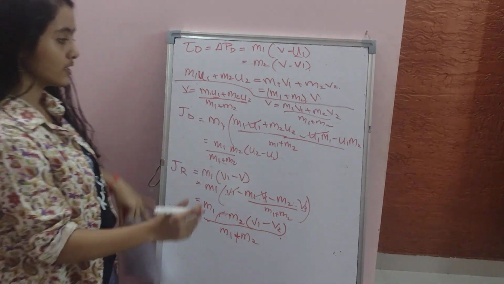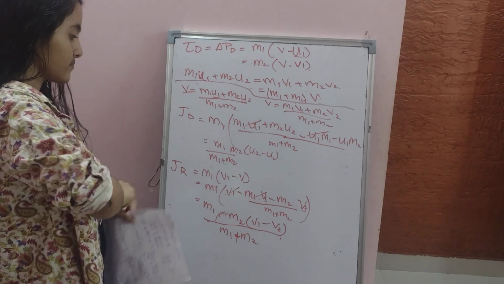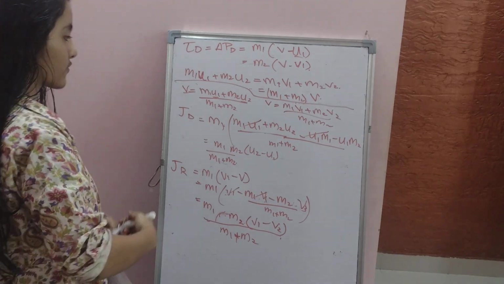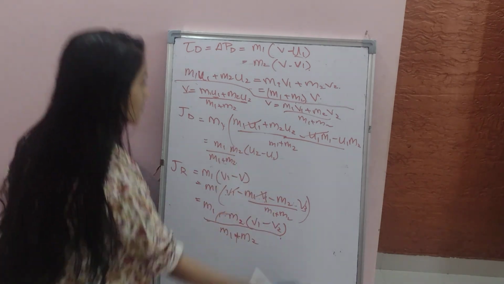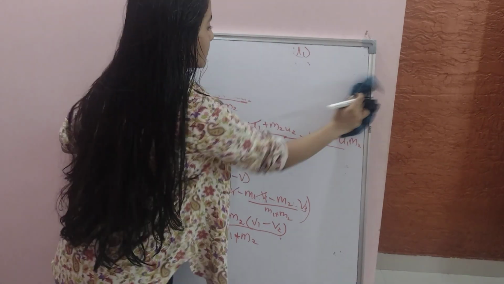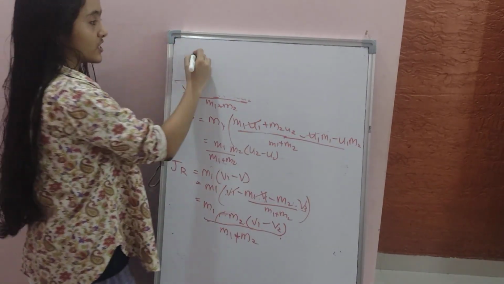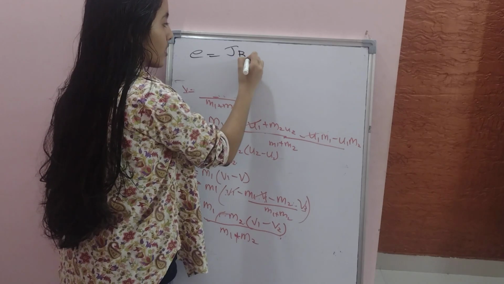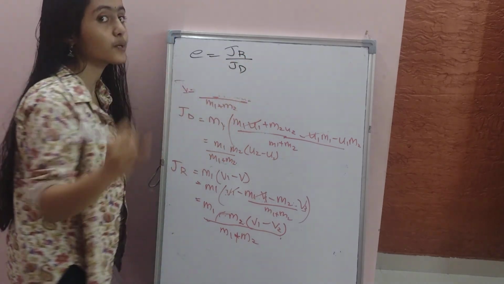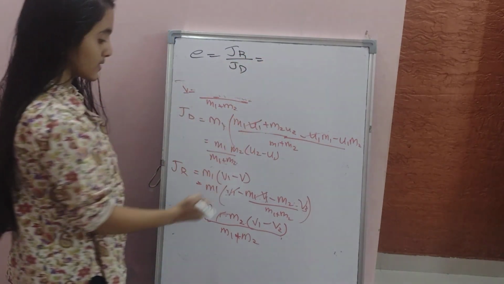Okay, now we just have to find the coefficient of restitution E. Now what is E? E is simply JR by JD, impulse of reformation by impulse of deformation. What is impulse of reformation?